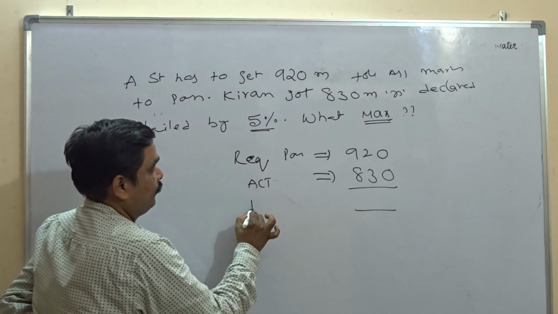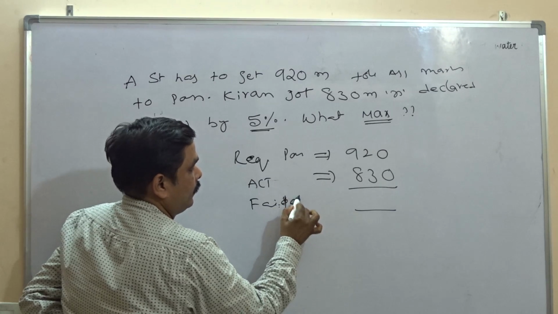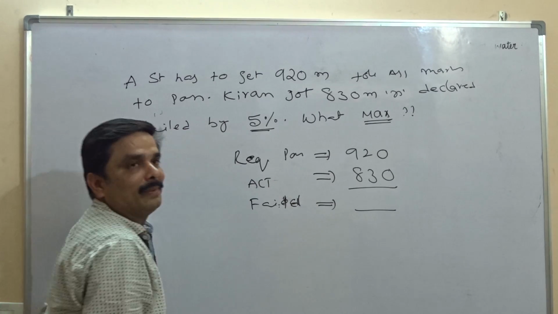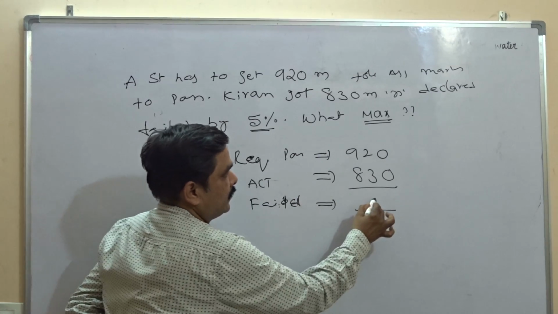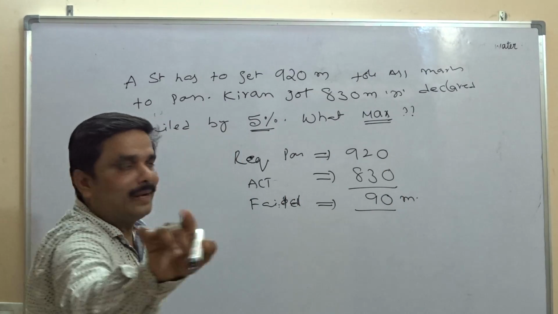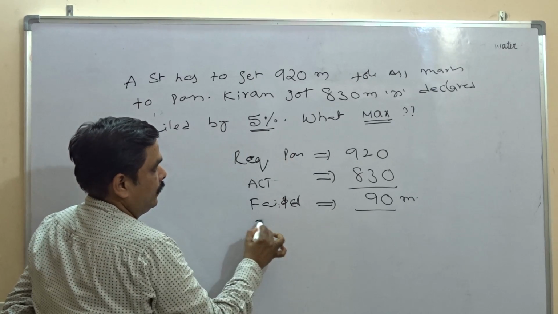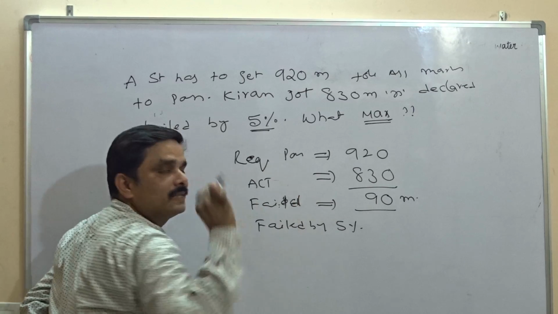So, he failed by how many marks? 920 minus 830, 70 plus 20, that is 90 marks. Failed by 90 marks. On the other hand, they have given that he failed by 5%.